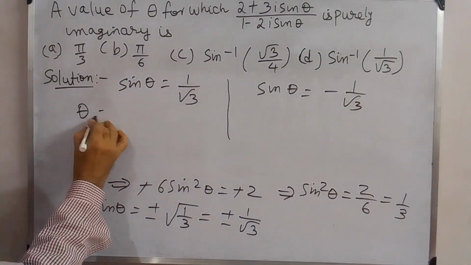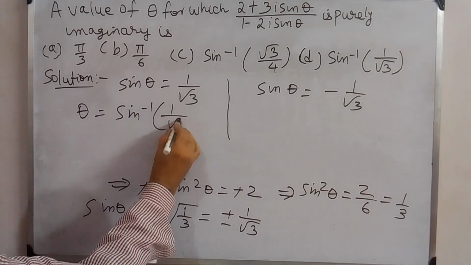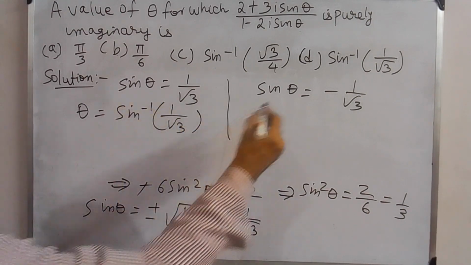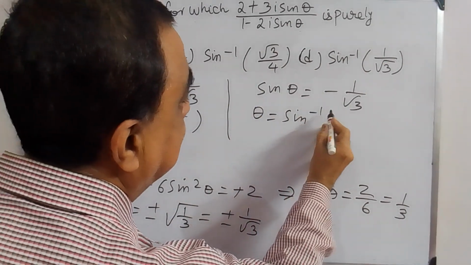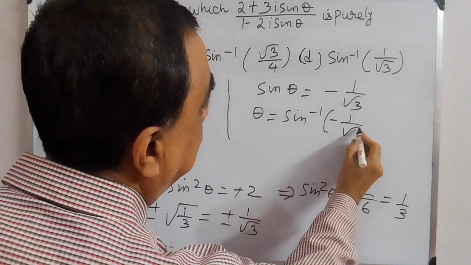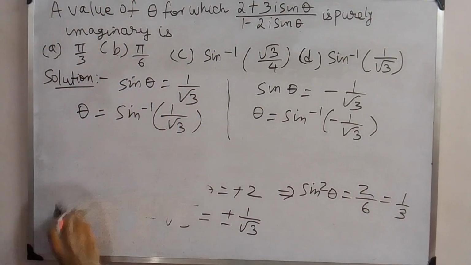So theta will become sine inverse 1 by root 3 from here, and from here the theta value will become sine inverse minus 1 by root 3. So these are the two values of theta we are getting.